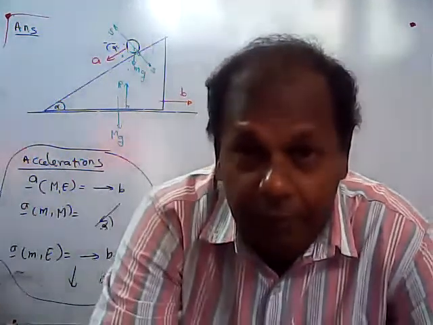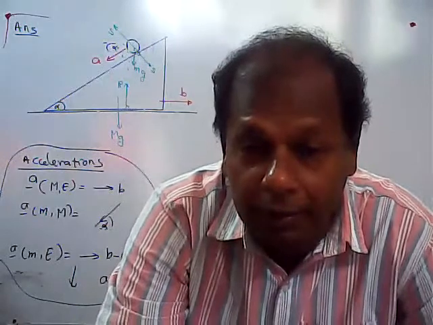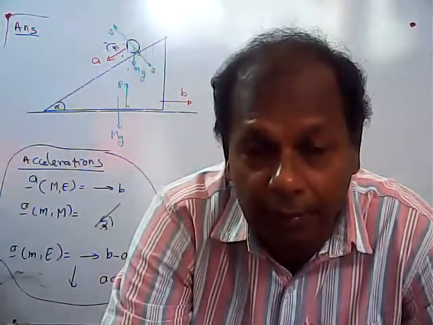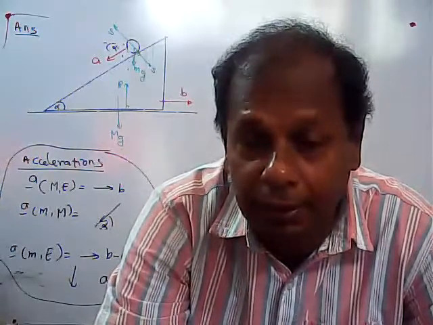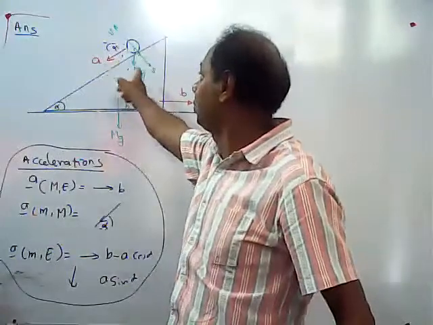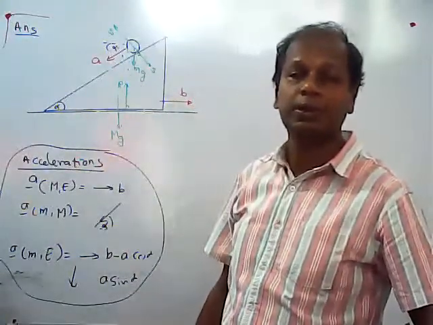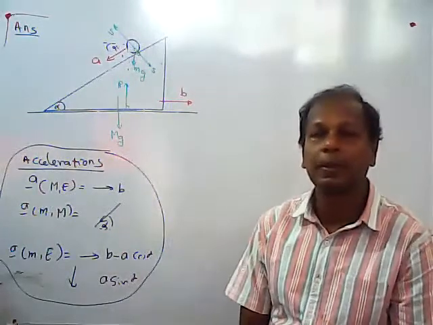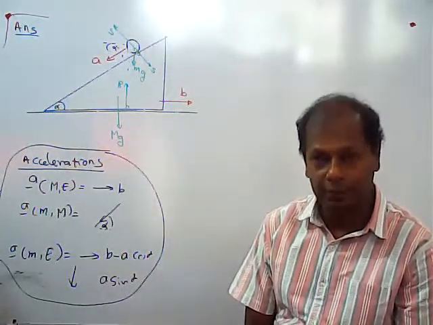Yes, gravity effects. The accelerations a and b are caused by gravity, but not directly. You can't say that a is equal to g cos alpha or g sin alpha or something, but gravity is the cause which creates these accelerations.